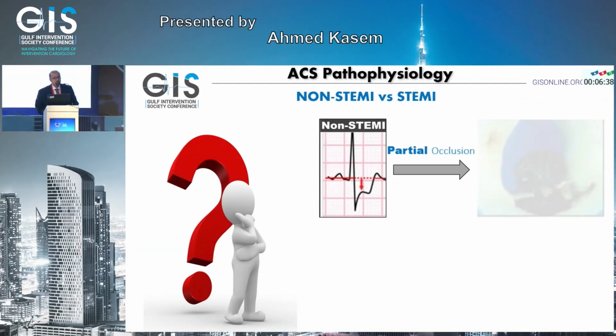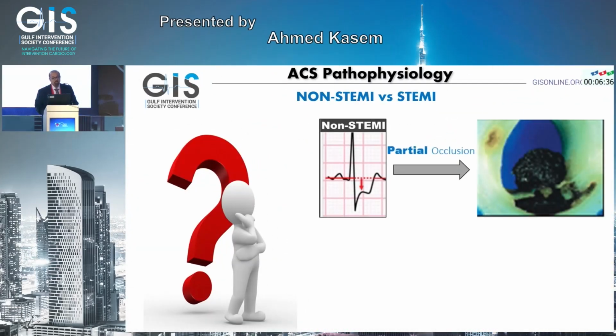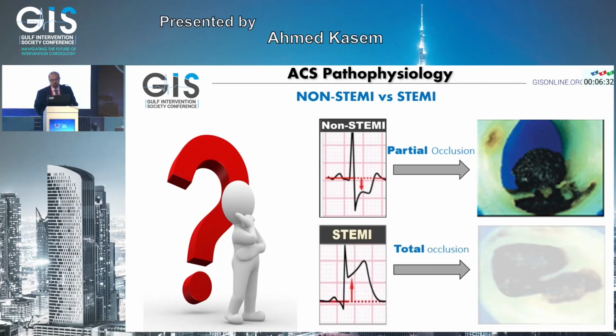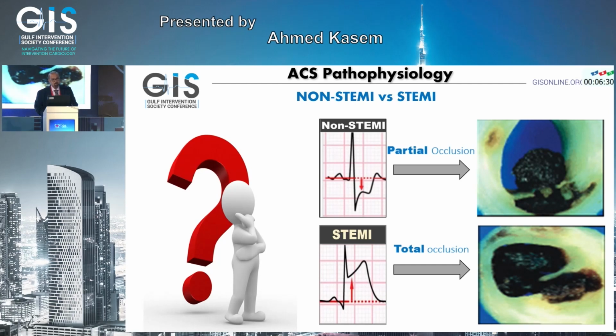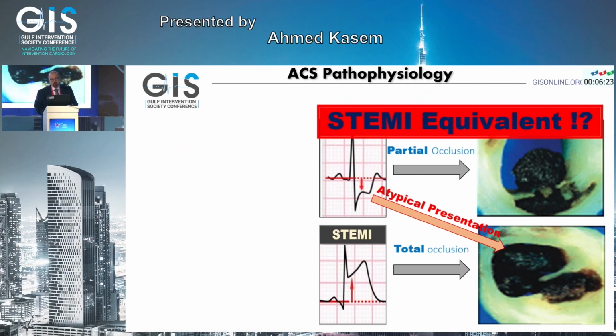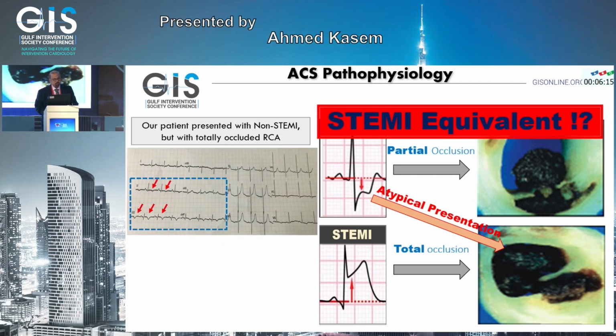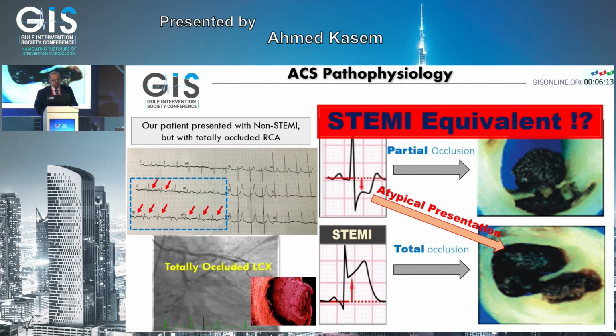All of us know from the classic teaching that non-STEMI is associated with partial occlusion, while STEMI in more than 90% of patients is associated with total occlusion. But there is a not uncommon percentage of causes producing a typical presentation of non-STEMI with total occlusion, like our patient having no ST-segment elevation and total occlusion with troponin 19.